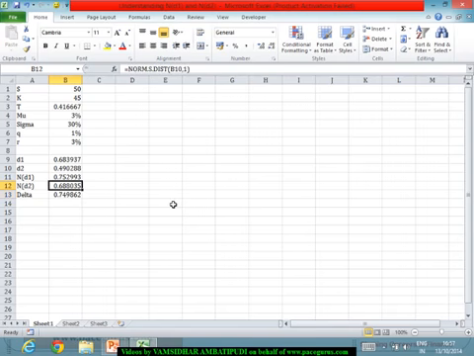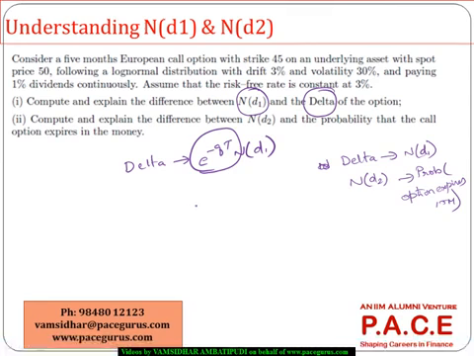Now, N(d2). In this case, I have computed the N(d2) as 0.688035, so 68.8%. But in case of a call, the other computation which we talk of is the probability that a call option expires in the money.